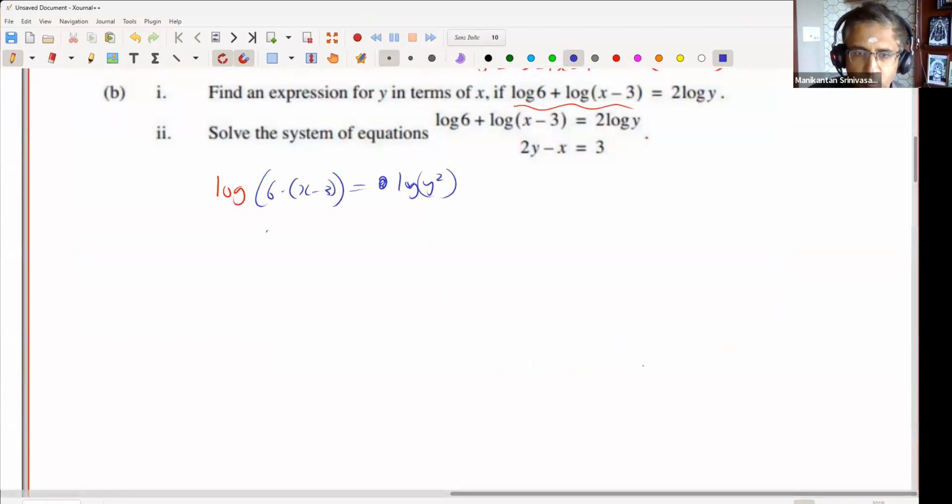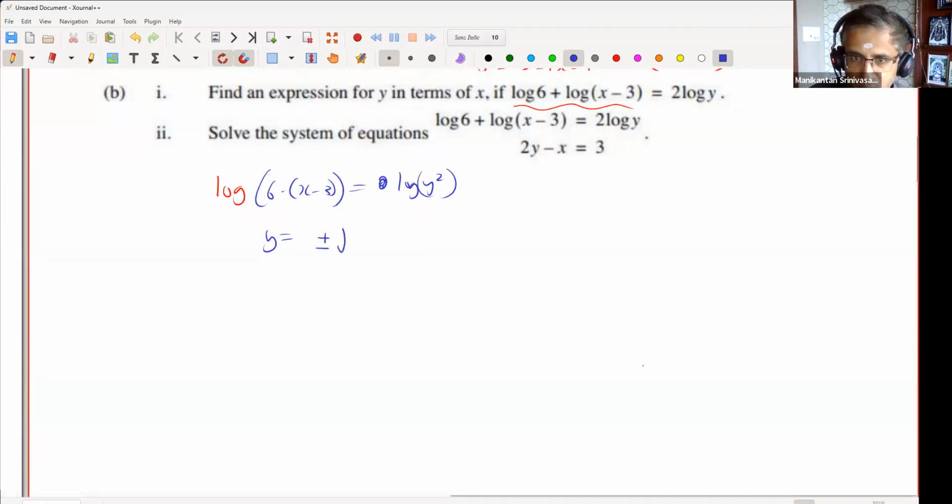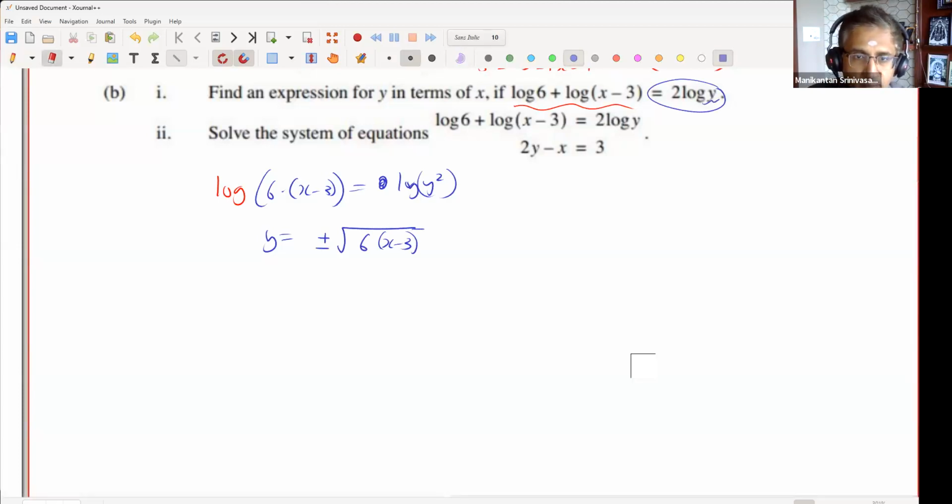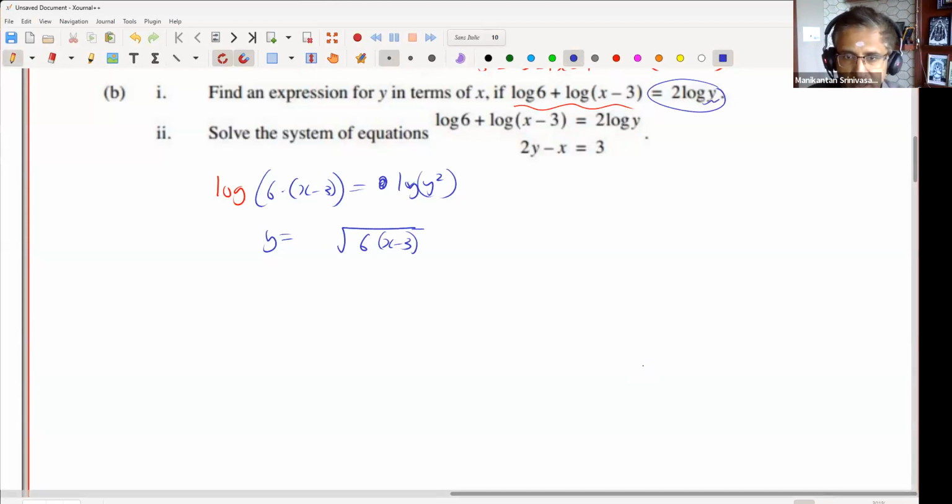Okay, so I can say y equal to plus or minus root of 6 times x minus 3. But then I cannot have y as a negative number. If it were, then log y would not be defined. And therefore, I cannot have plus or minus. It has to be the positive root. So square root of 6 times x minus 3.